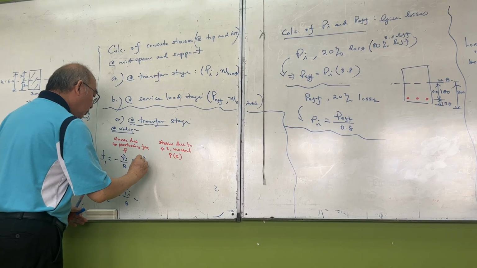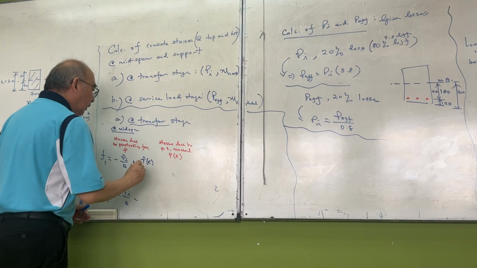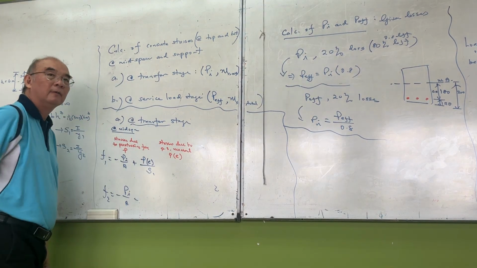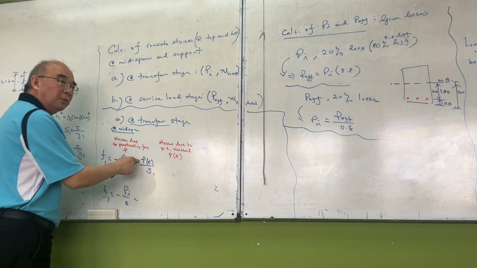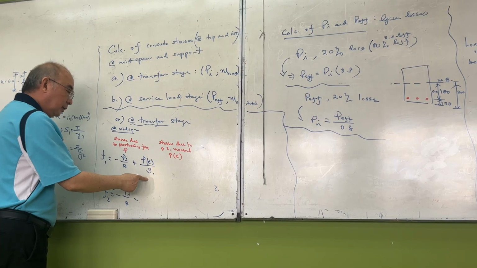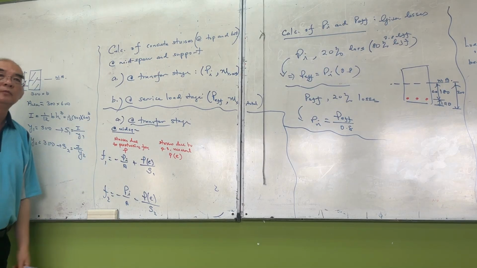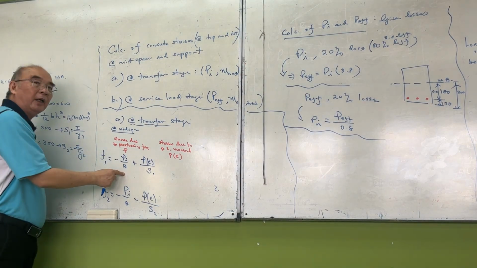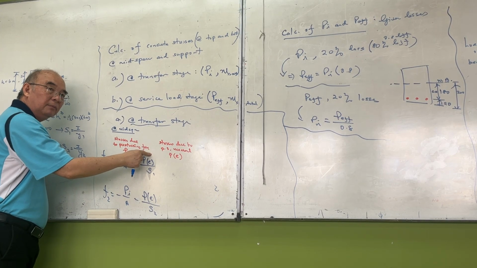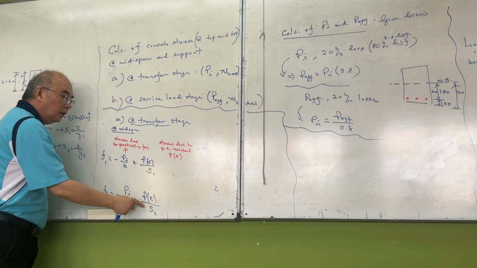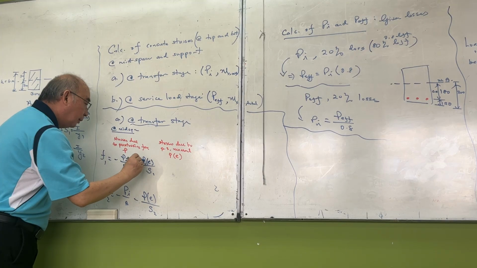This is the pre-stressing moment P times E divided by S1, and here the pre-stressing moment P times E divided by S2. Because this is the transfer stage, I put a PI.